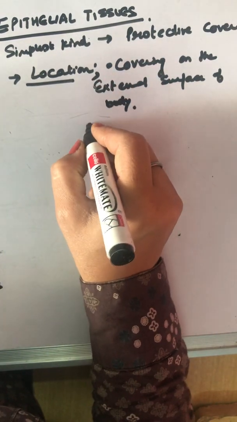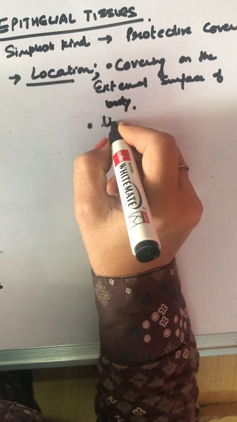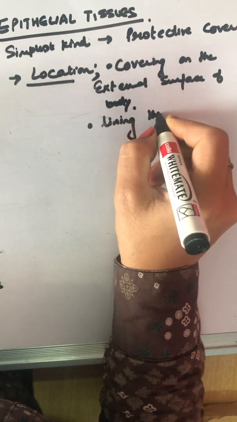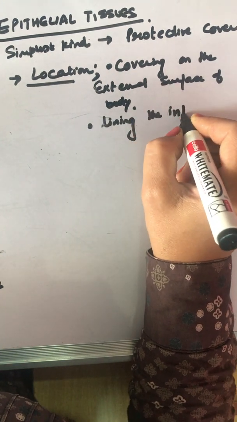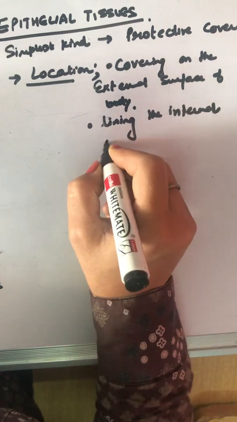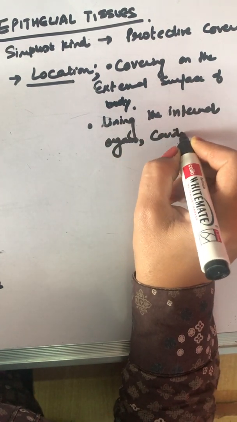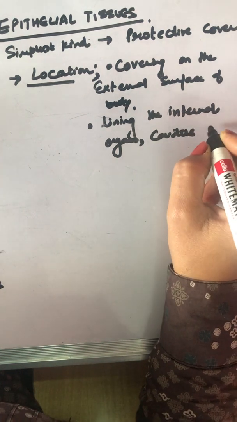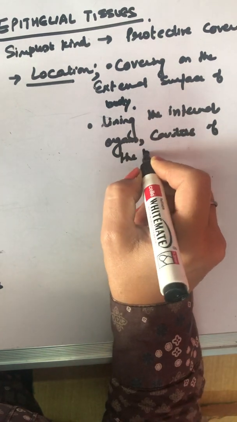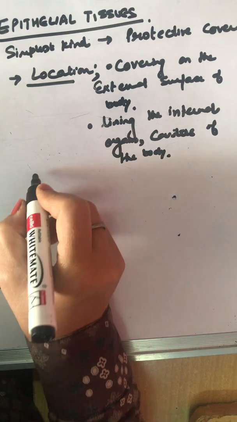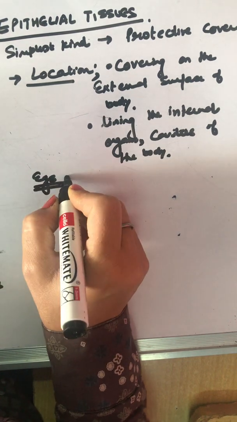Secondly, it lines the internal organs and cavities of the body. Where are the main locations?